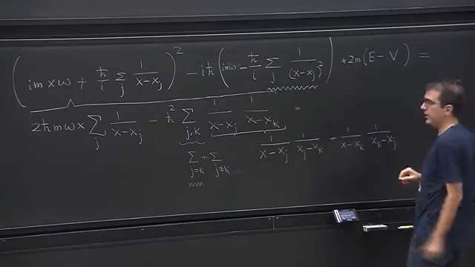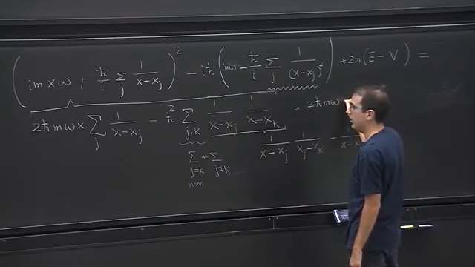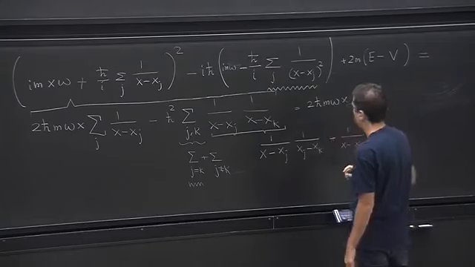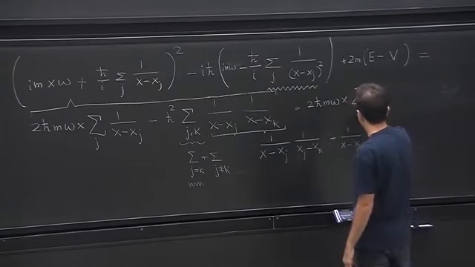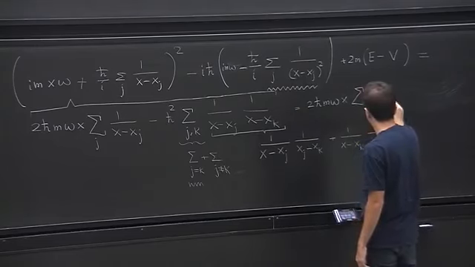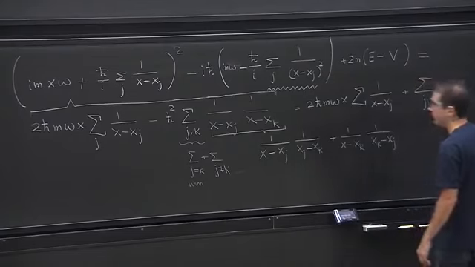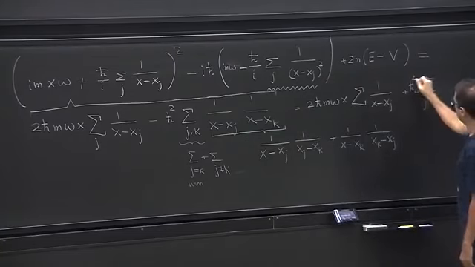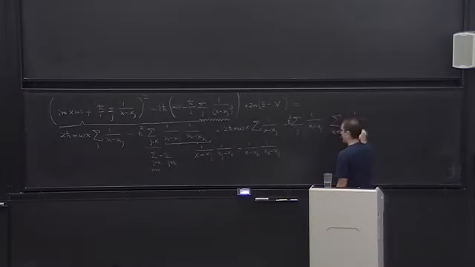So that term there becomes 2 h bar m omega x summation 1 over x minus xj plus summation over j h bar square 1 over x minus xj, and then summation over k, which is not equal to j, 1 over xj minus xk.